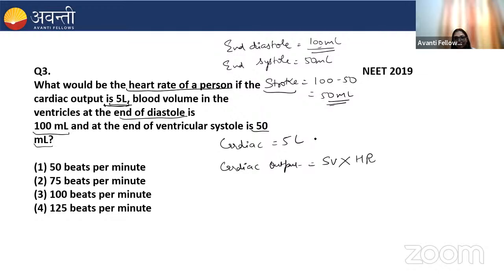Cardiac output is 5 liters; I convert it into ml by multiplying by 1000, so now it is 5000 ml. Stroke volume is 50 ml.